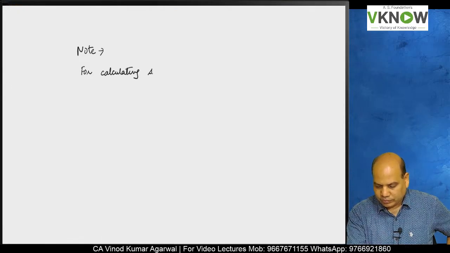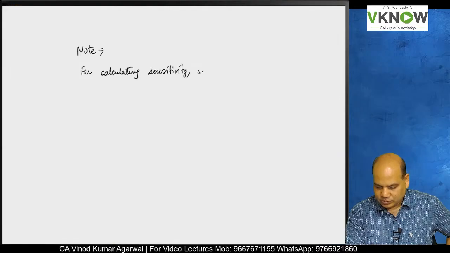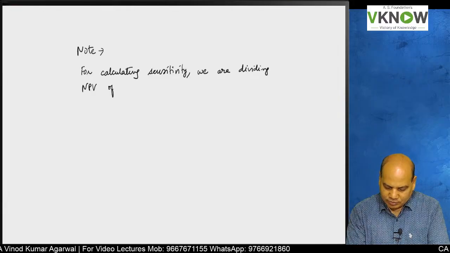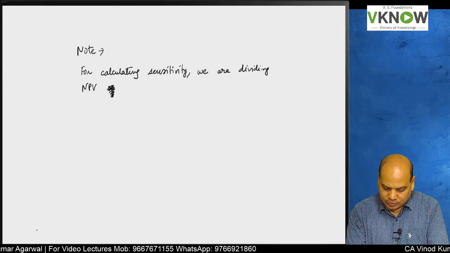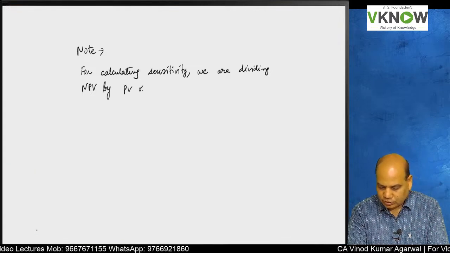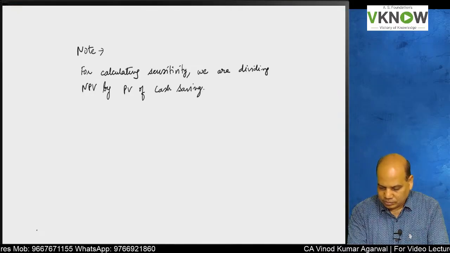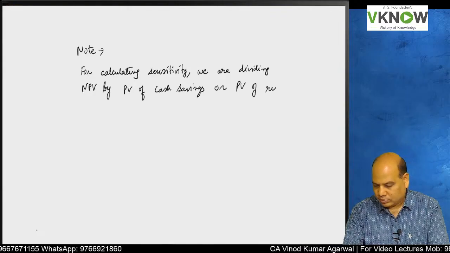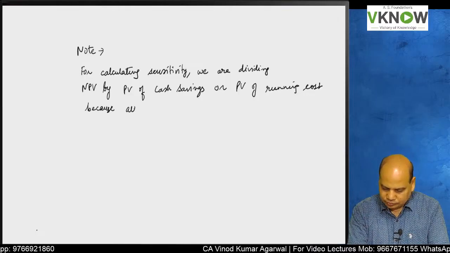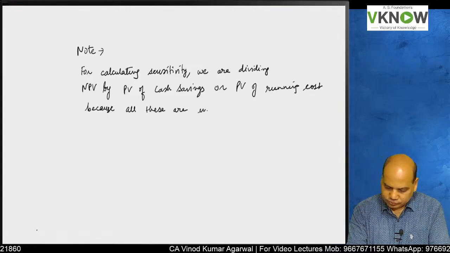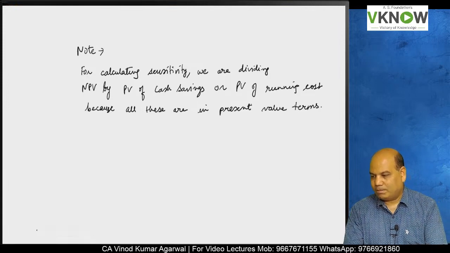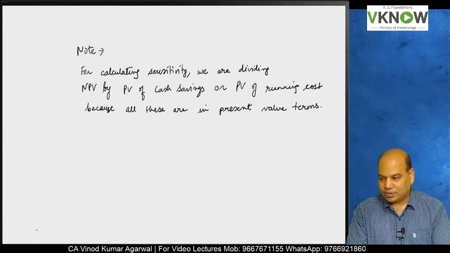For calculating sensitivity, we are dividing NPV by present value of cash saving or present value of running cost, because all these are in present value terms.